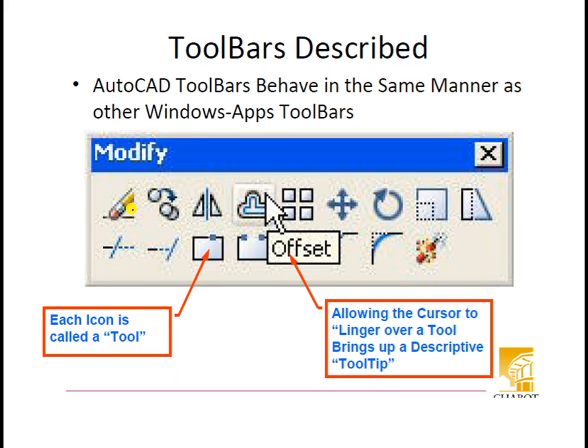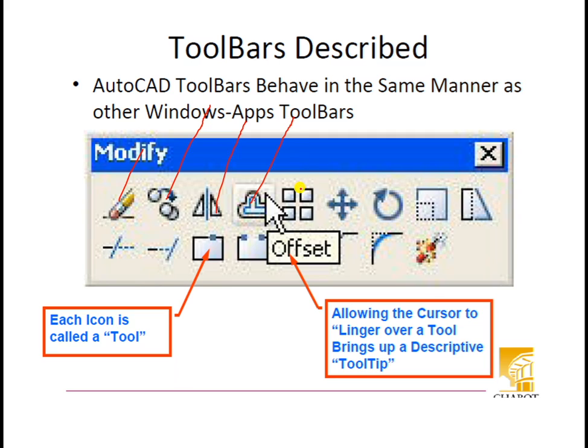Now here you can have options like this is the erase tool, this is the copy tool, this is the mirror tool. You cannot say tool, but this is actually a command.